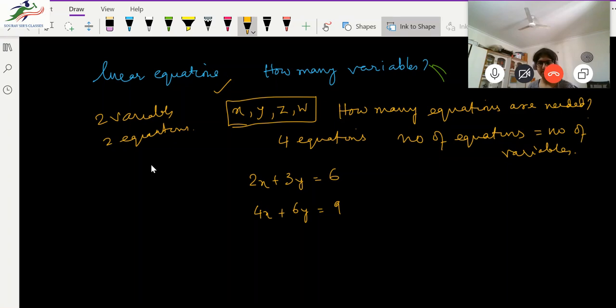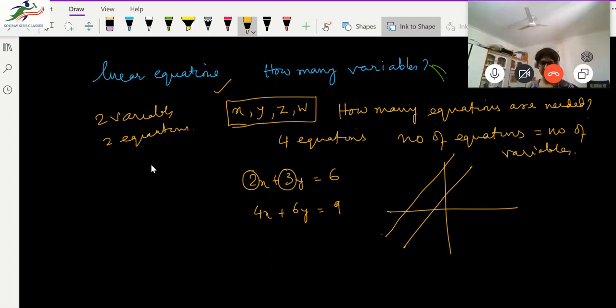So whenever the slope is the same, then you will not have any solution, or there are infinite solutions. One line is like this, the other line is like this. So yes, you are right. Therefore, we have to always check the ratio of these two numbers.